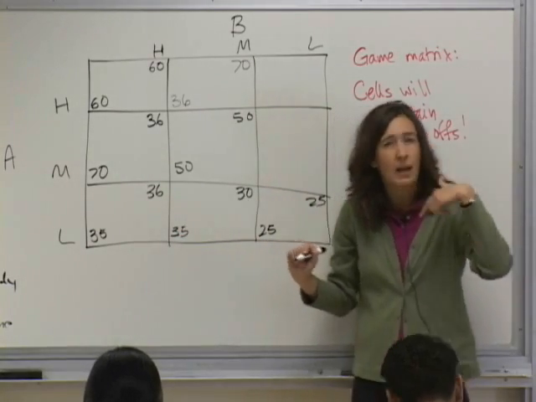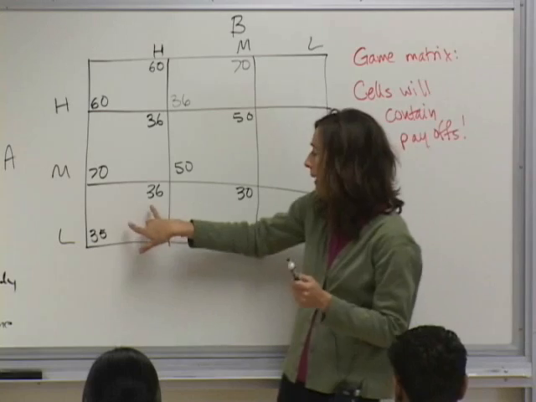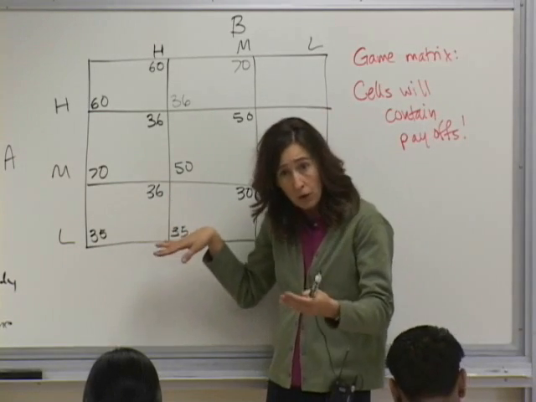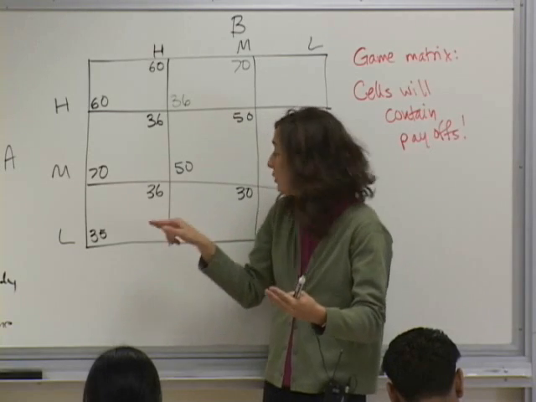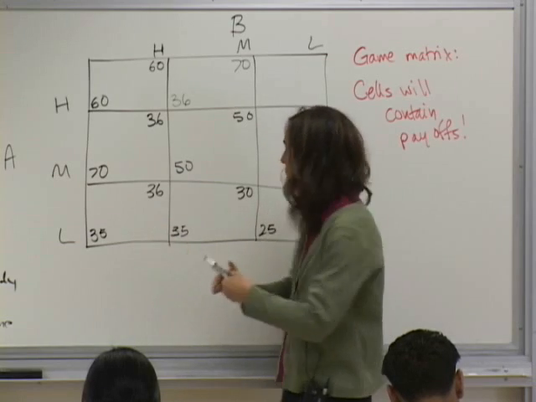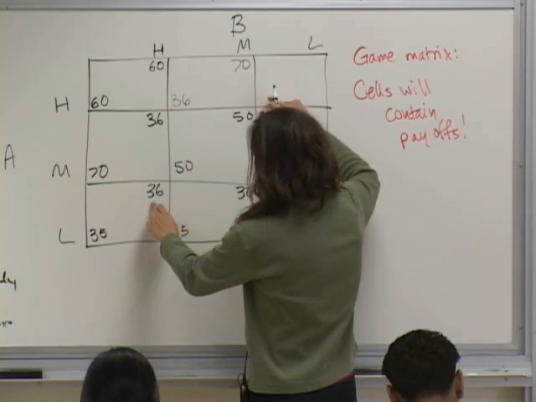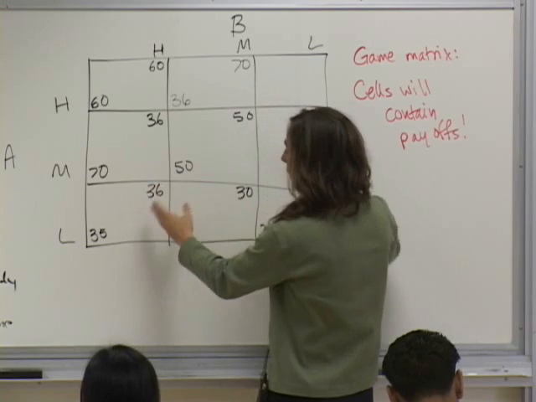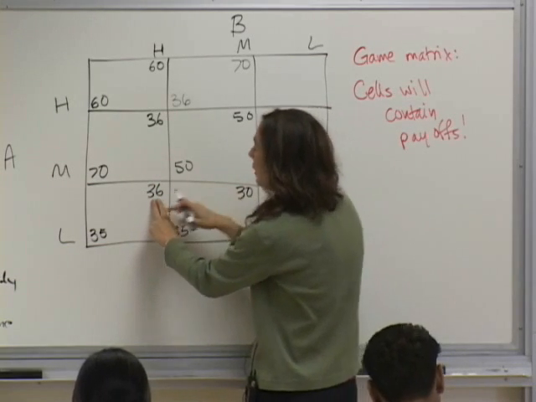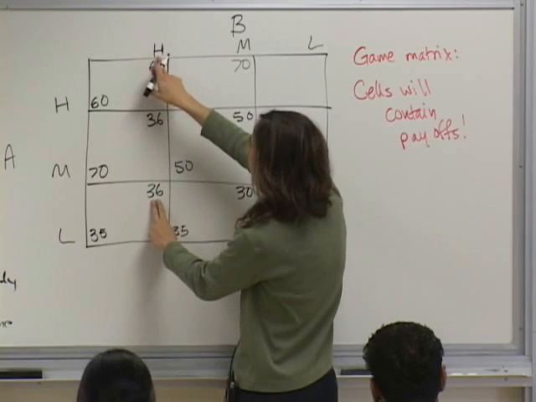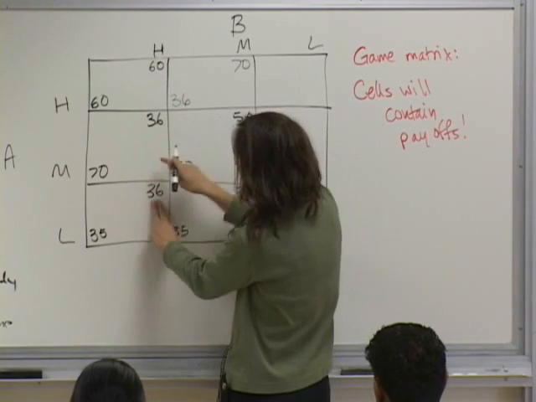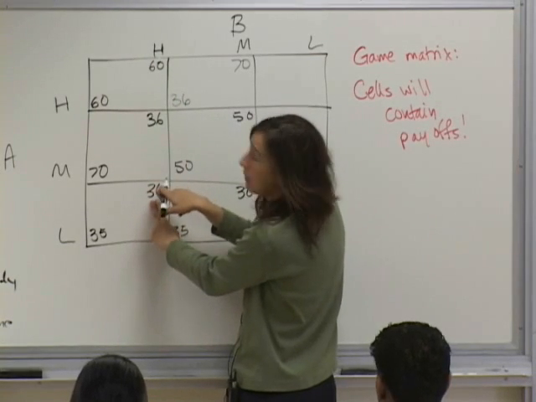But while I'm doing it, I'm going to keep the story going in my head, because a very important thing in both setting up and solving simultaneous games is to get the numbers in the right places. So I've got to make sure I am accurately putting the numbers in the right place. 36 is the profit that you get from setting high when your competitor sets low. It's the column player's profit in this square.